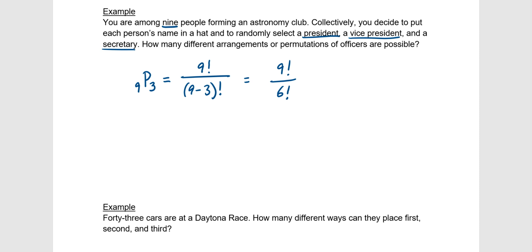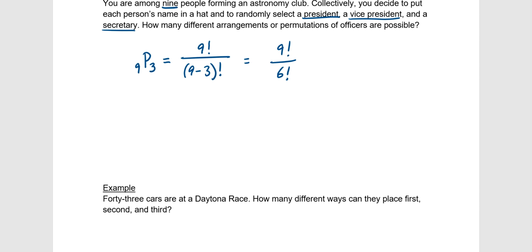So we could go ahead and know that 6 factorial is going to be canceled. It's going to be 9 times 8 times 7 times 6 times 5 times 4 times 3 times 2 times 1. I'll go ahead and actually write this one out, unlike the last one, in case it didn't make too much sense. So that's going to be divided by 6 factorial, which is 6 times 5 times 4 times 3 times 2 times 1.